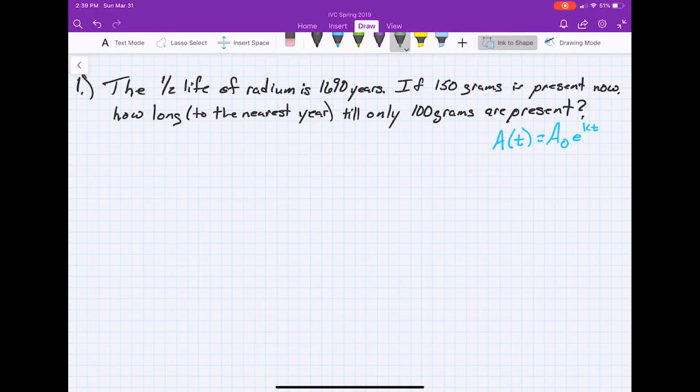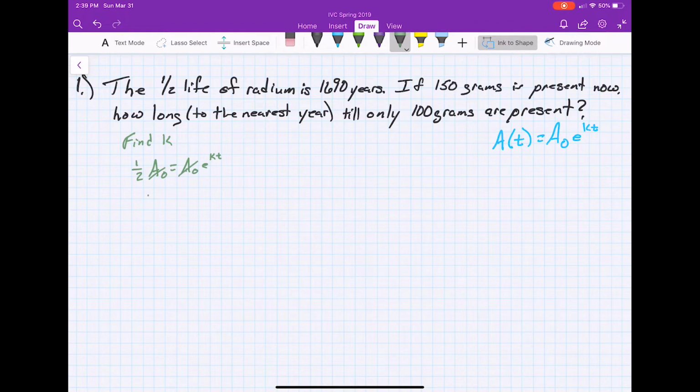So first off, we need to find out what k is so we can actually fill in the rest of this formula. So it's the half-life, so 1/2 A sub naught equals A sub naught e^(kt). Now, if we divide by A sub naught, that basically clears the A sub naught off of both sides.